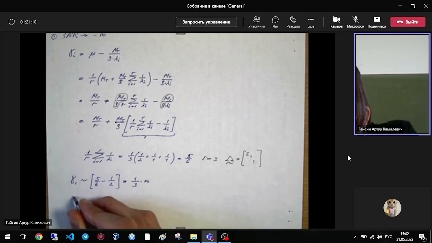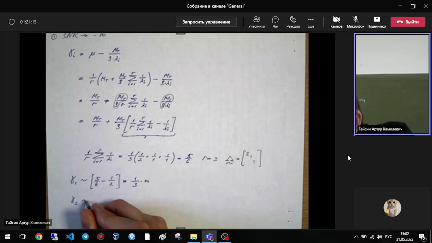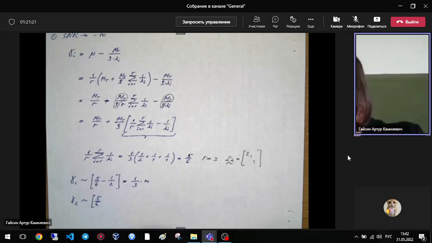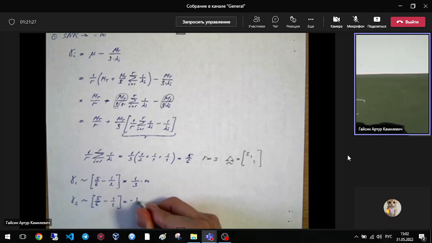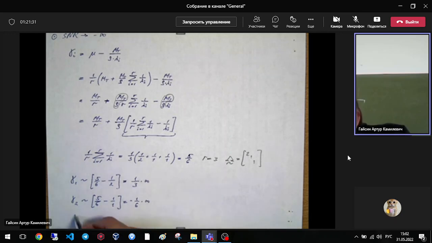Then for the second and third, it will be 5 divided by 6 minus 1 divided by 1. And you can see in this case we have a negative value, 1 divided by 6 multiplied by this infinity value, and also minus 1 divided by 6 times infinity value.